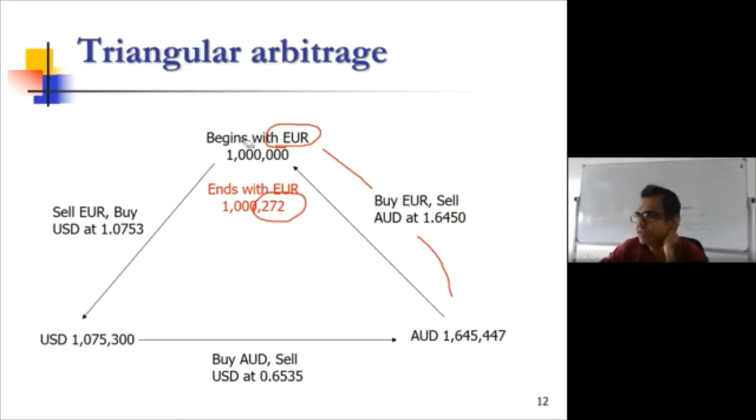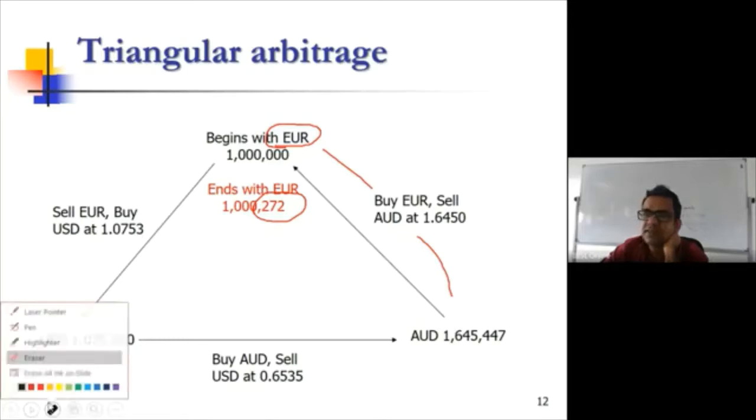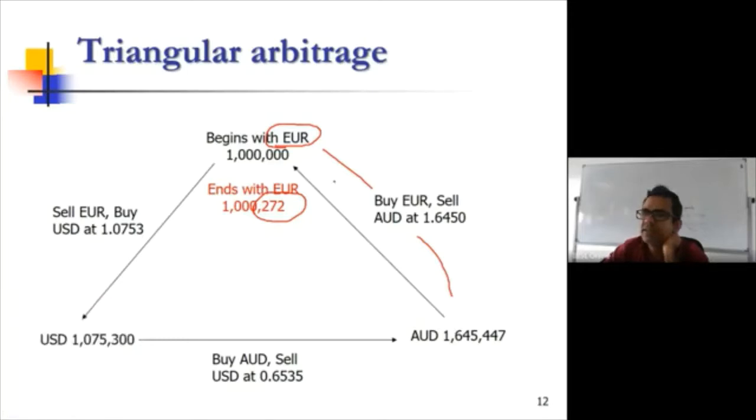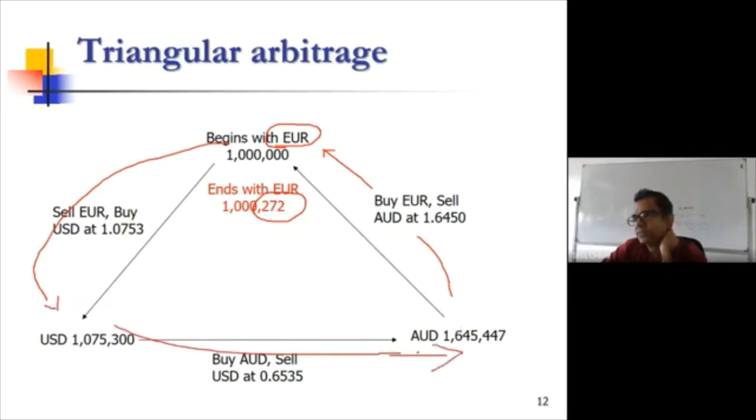Instead of beginning with euro, you could have begun with Aussie. That's what I explained earlier. Then buy euro, use this euro to get dollars, use those dollars to get Australian dollar. So then you will realize the profit in Australian dollars.